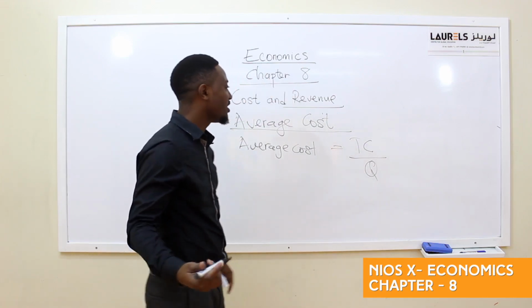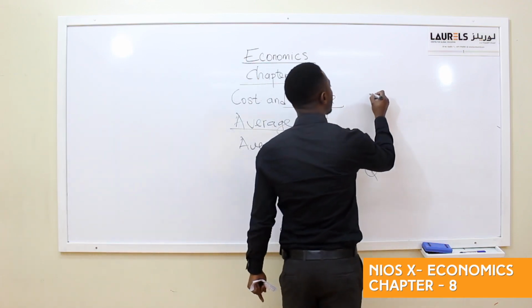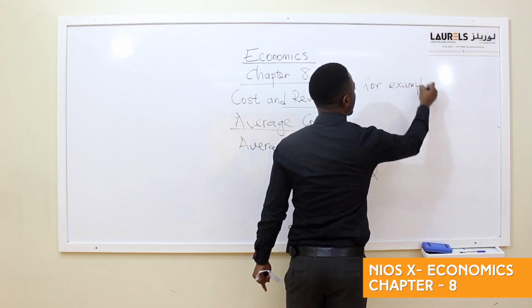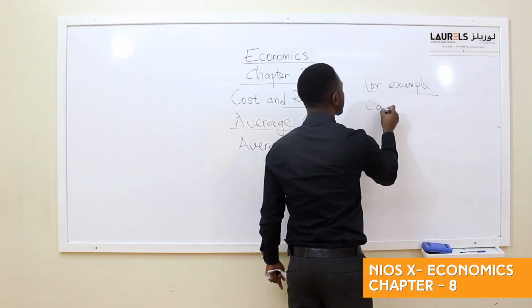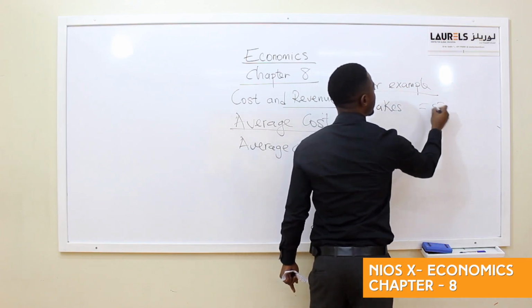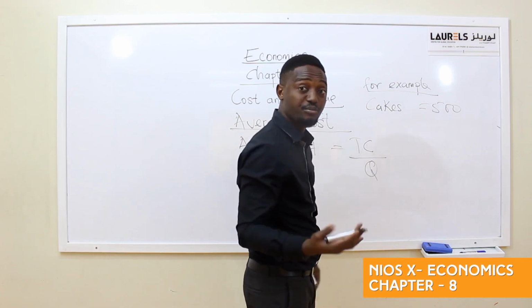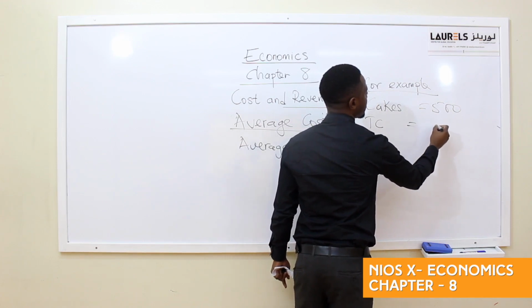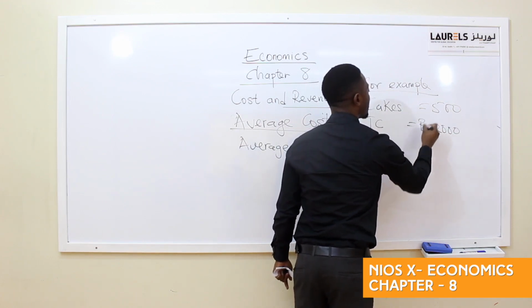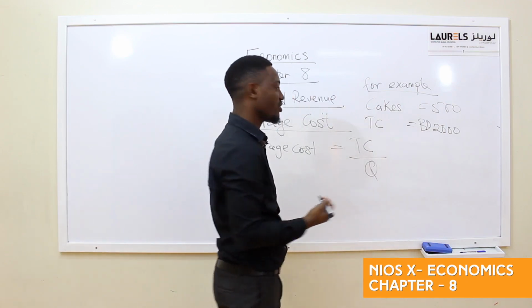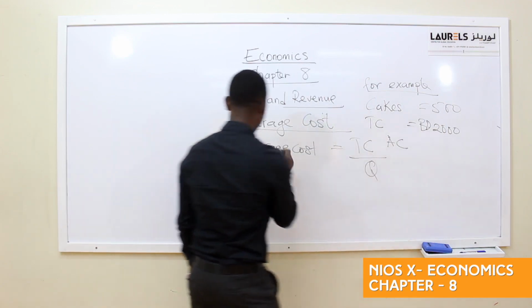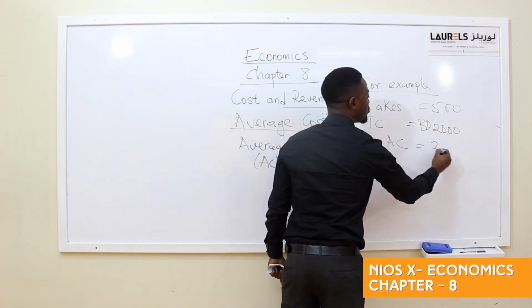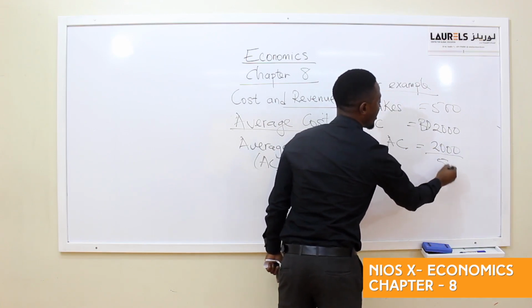So for example, if a business produces 500 cakes and spends a total cost of 2,000 dinar, then the average cost, which is abbreviated AC, will be 2,000 divided by 500.